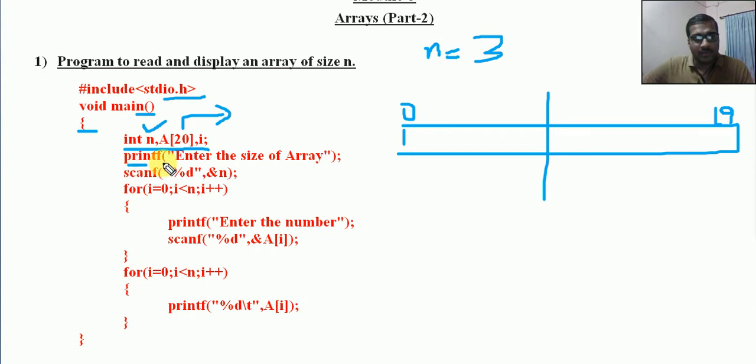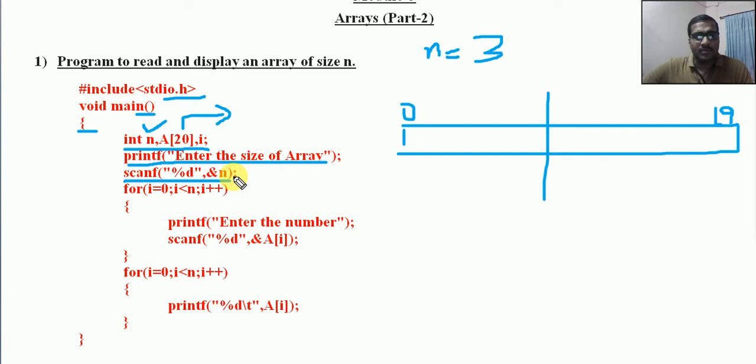Then printf enter the size of array, that is for getting n, that is our requirement. That is not for the entire size, don't misunderstand, this is for reading the size of my array, how many elements I require. Then scanf %d ampersand n, that is normal reading, just like a normal variable, there we can have an integer value.